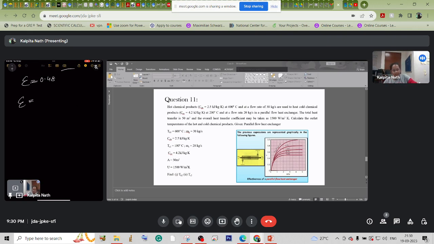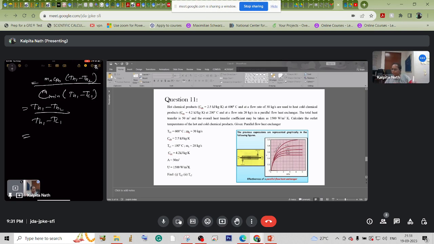So we know that epsilon is equal to actual heat transfer upon maximum possible heat transfer, right? So this is MH CPH (TH1 minus TH2) upon C minimum (TH1 minus TC1). Right. So this is TH1 minus TH2 upon TH1 minus TC1.